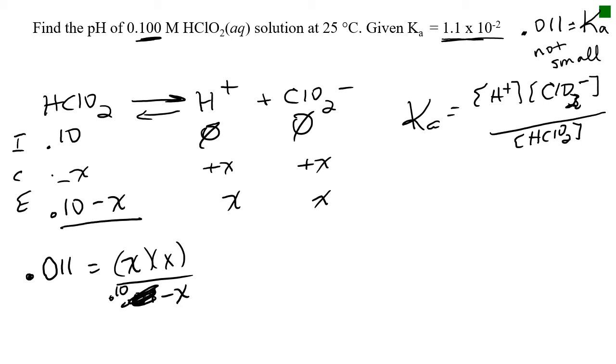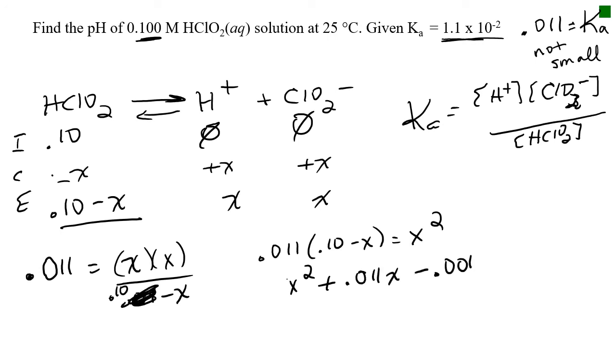And we're going to have to do the math. If we write this out, 0.011 multiplied by 0.1 minus X is equal to X squared, and combine like terms, we're going to get that X squared plus 0.011 X minus 0.0011 is equal to 0.